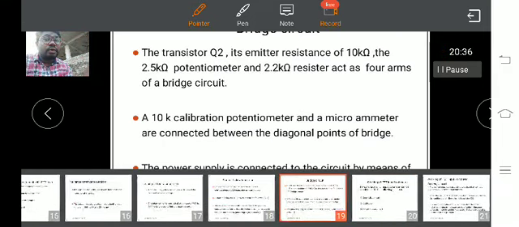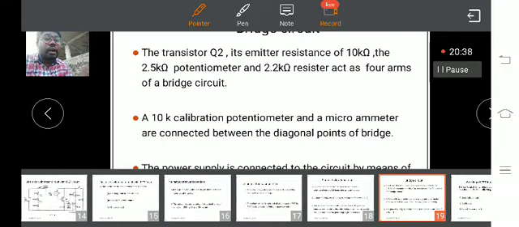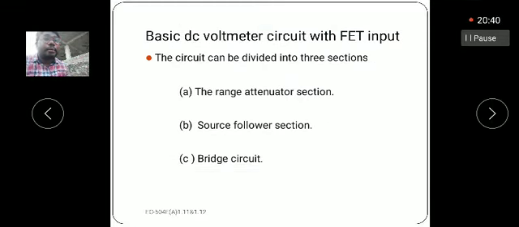Basically we are observing the three main important sections of this FET input voltmeter. The first one is the range attenuation section. It is used to select the desired range of voltage, that is, what range of voltage we are measuring can be selected with the range attenuation section.